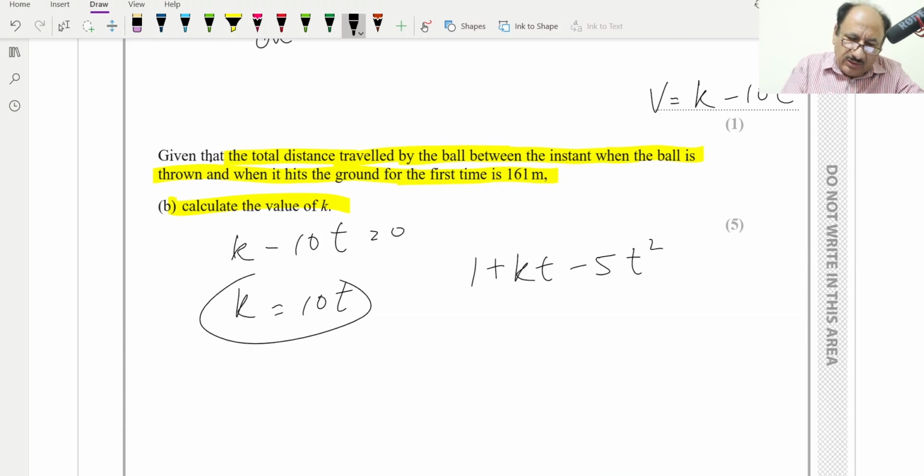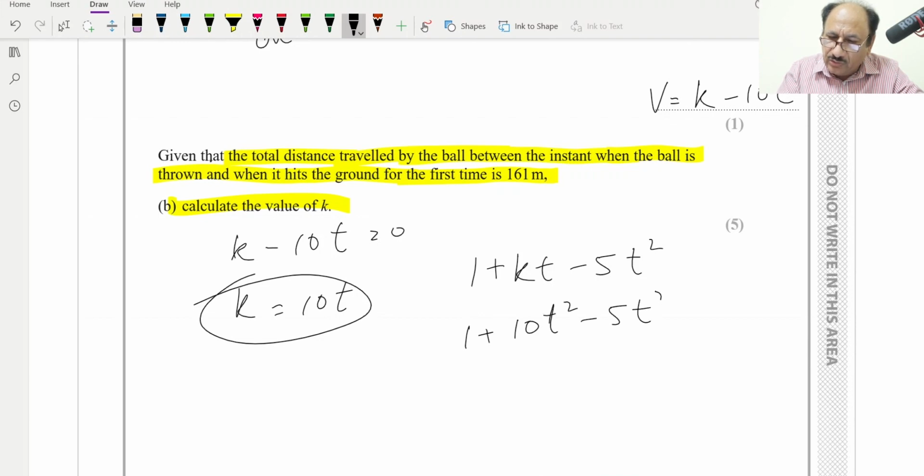In this one we can replace the value of k, so our equation will become 10t squared minus 5t squared. Hopefully you understood this, and now we can rewrite it as 1 plus 5t squared.